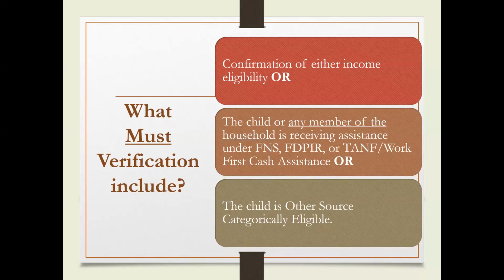Or you're looking at the child as other source categorically eligible, which means homeless, migrant, runaway, foster, or federally funded Even Start and Head Start programs. Verification may include confirmation of any other information on the application, such as household size.